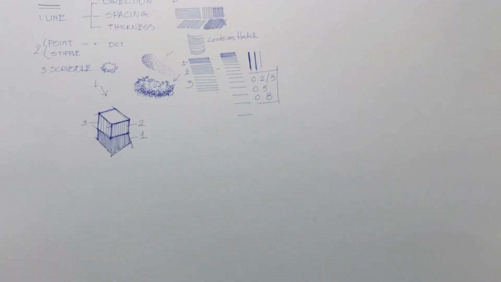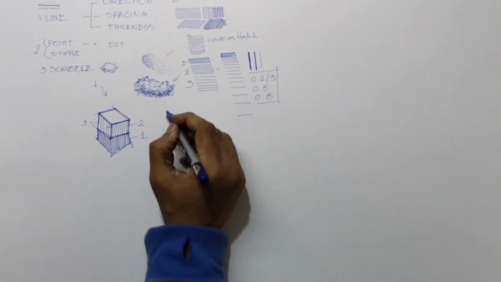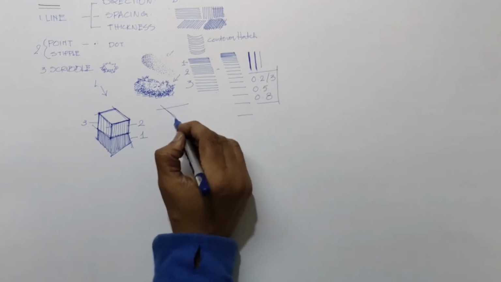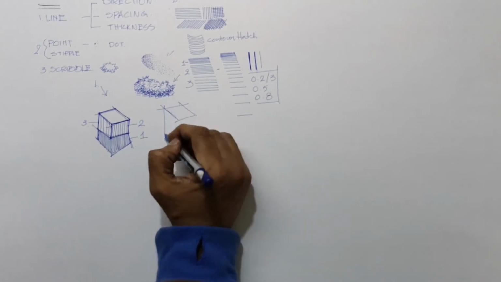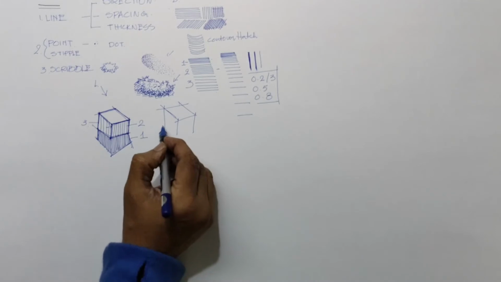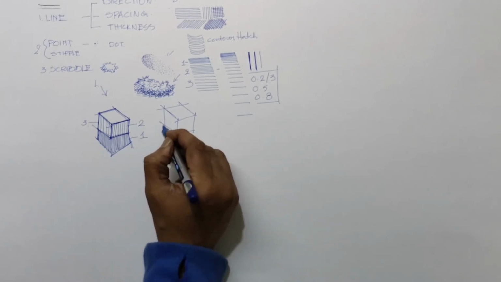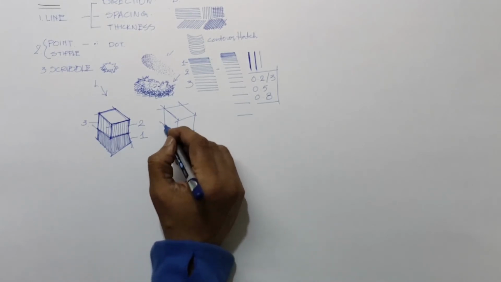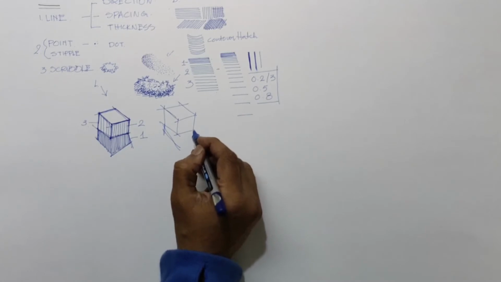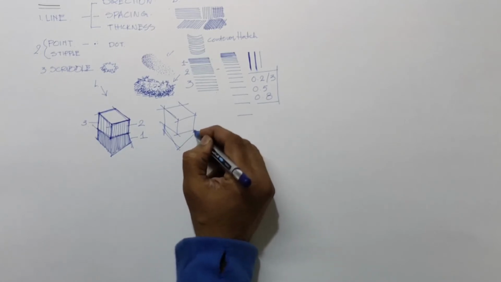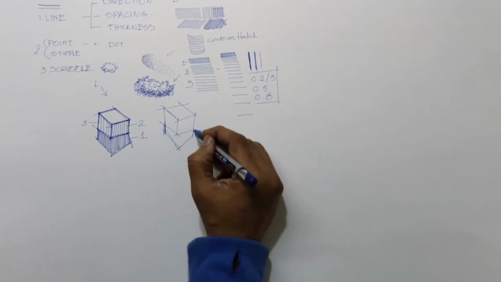There is one more technique of doing this. What we'll do is we'll draw again a cube. It'll come like that, like this. Fine.